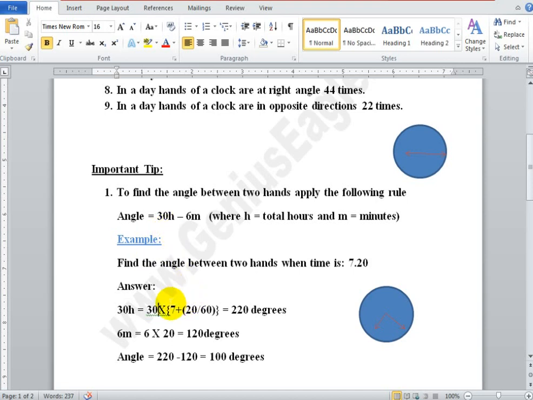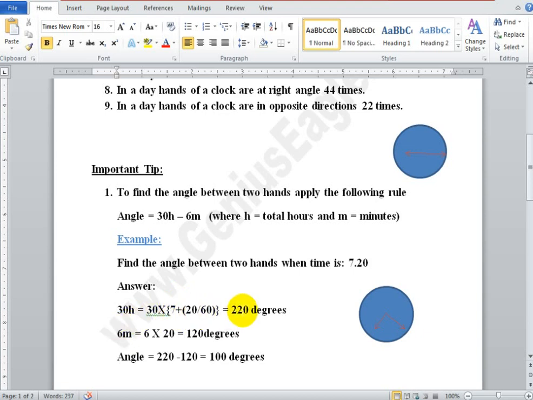H means total hours. So total hours is equal to 7 hours. I have written here 7 hours plus you have to convert these 20 minutes into hours and you can do so by dividing 20 by 60. So I have divided here 20 by 60 and added the result to 7.